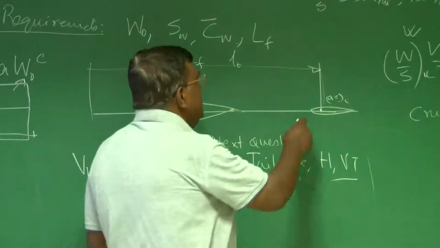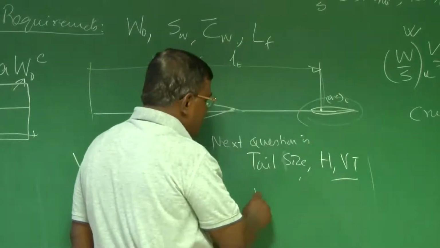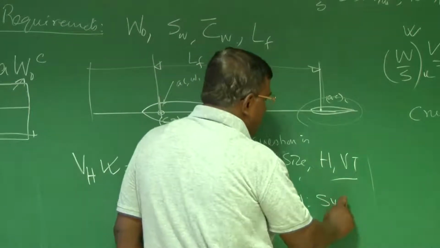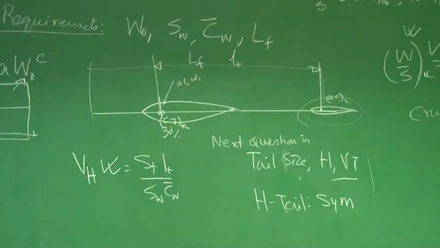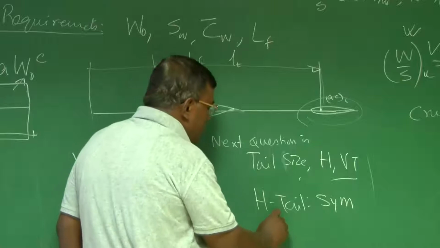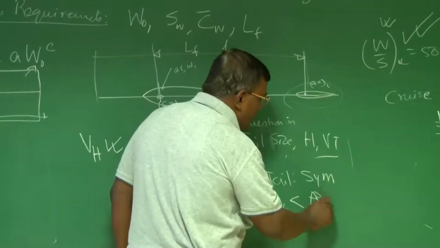Now, before I talk about VH and all, I decide as far as the horizontal tail is concerned, we use a symmetric aerofoil. For the wing, we use mostly a cambered aerofoil. Although the example I am giving is symmetric so that there are no other complications to start with, the horizontal tail is symmetric. And also in the horizontal tail, the aspect ratio of the tail should be less than the aspect ratio of the wing.